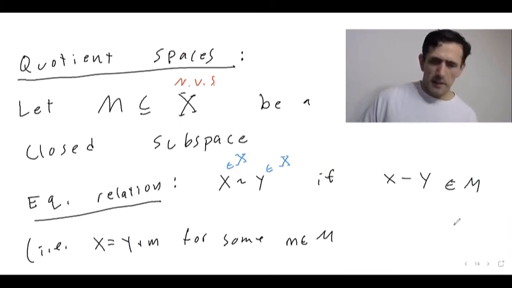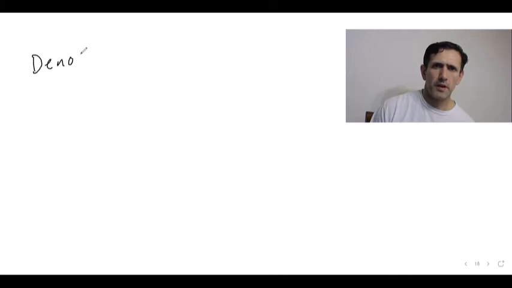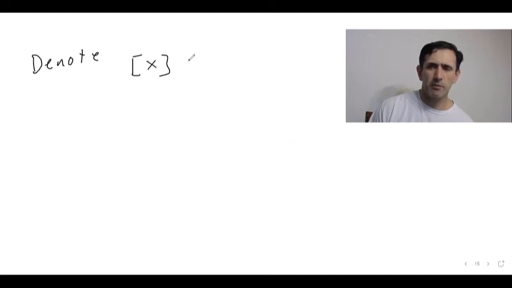We're going to use standard terminology to denote this class here. Remember what this means: it's just the set of all x in big X where x is equivalent to y.